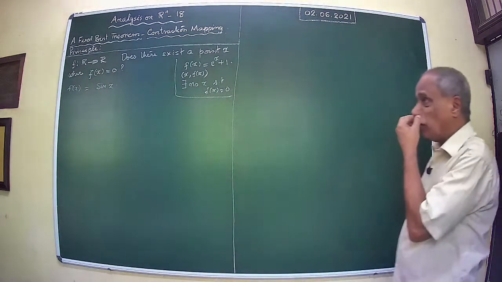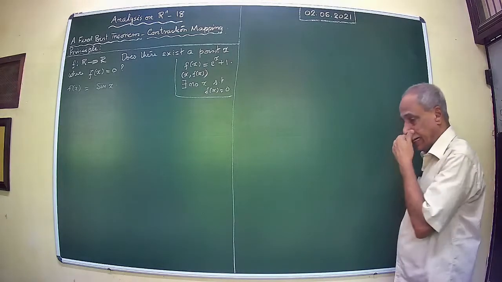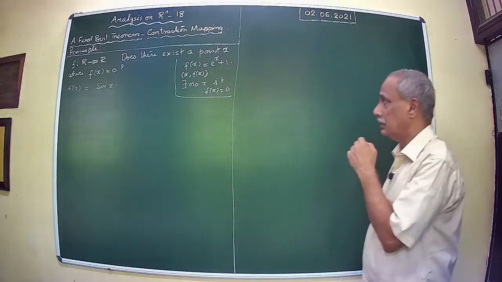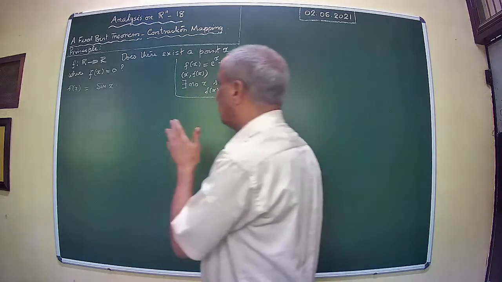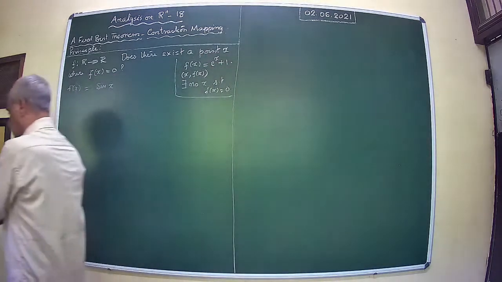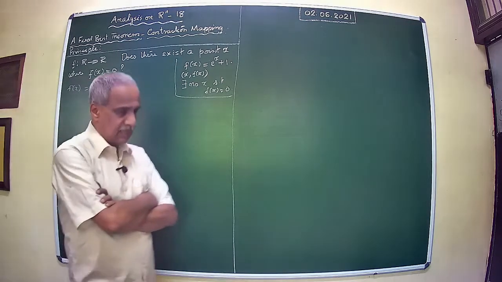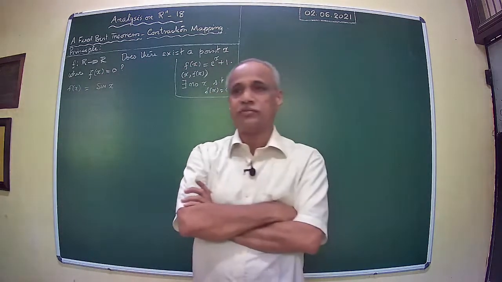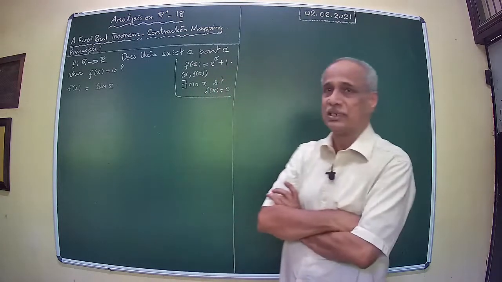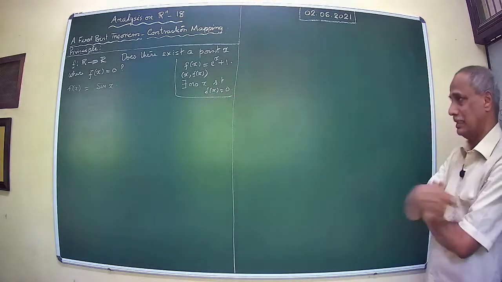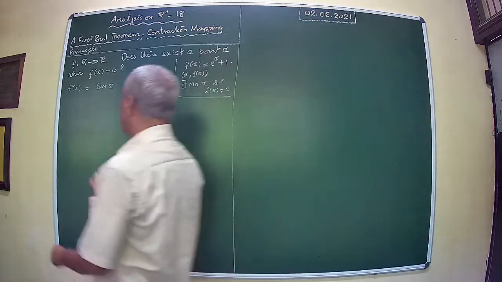So there are a few questions here. Obviously just continuity alone is not going to help you with this. You need some more conditions to be imposed on f so that the function has a zero x. Let us look at this problem.